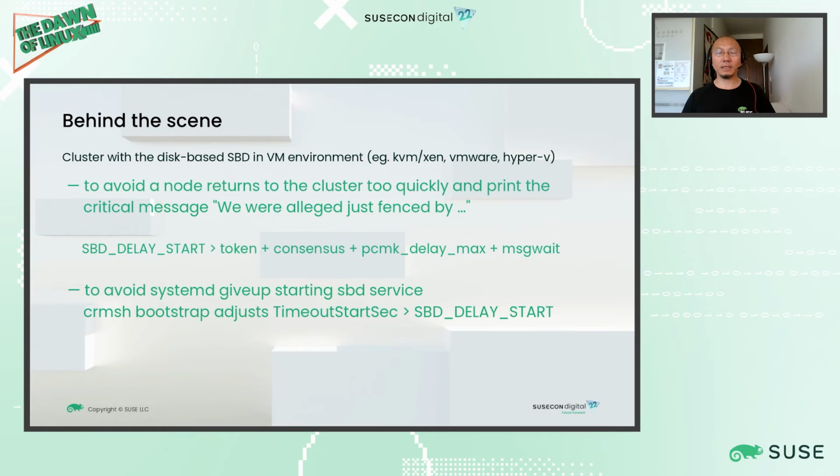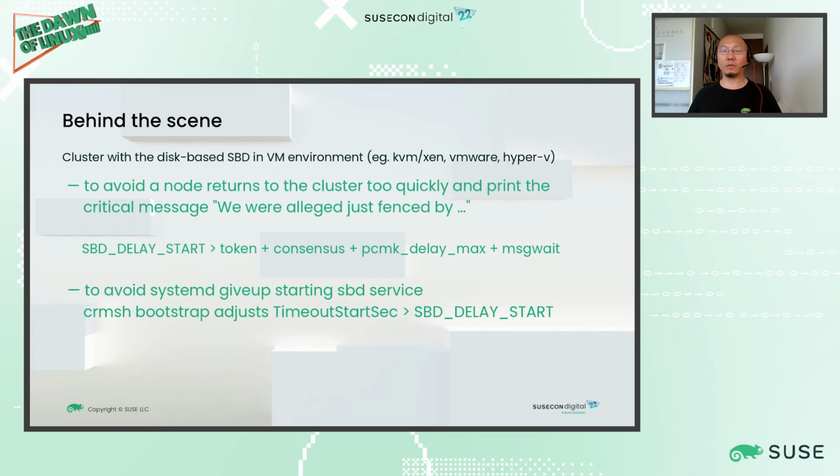So to avoid that, crm shell bootstrap will make sure the SBD delay start parameter in the SBD configuration is bigger than the corresponding token timeout plus consensus timeout, plus the pacemaker configuration of pacemaker delay maximum plus SBD msgwait.